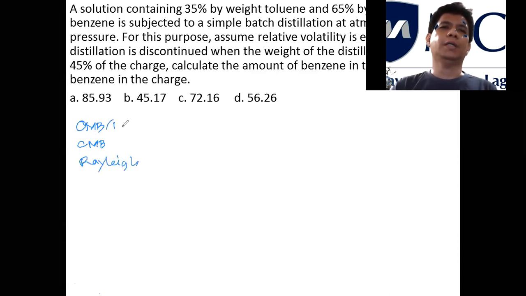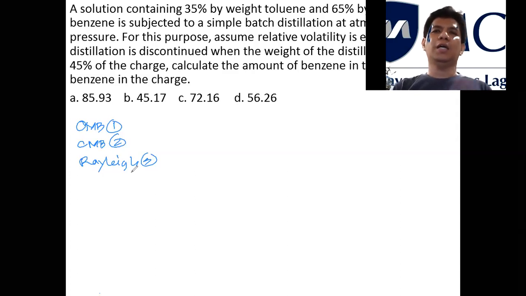And then basically you can solve all the other variables. You have three equations. And then you're being asked to calculate the amount of benzene in the distillate as percent benzene in the charge. So basically that would be DXD divided by FXF times 100%. So you need to find D and XD. So that's how simple this problem would be.